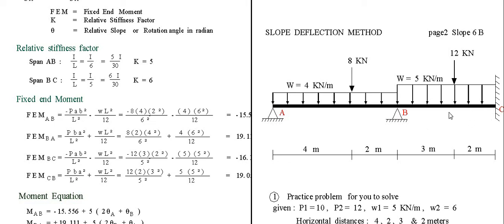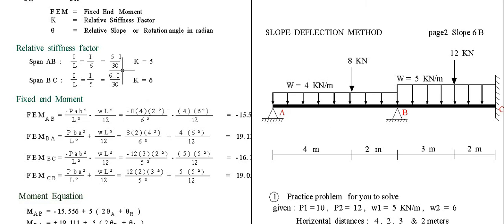I think the 5 is stiffer than AB. So we define stiffness factor as I over L. For the first span AB, I over L is I over 6. Then for BC, I over L is I over 5.